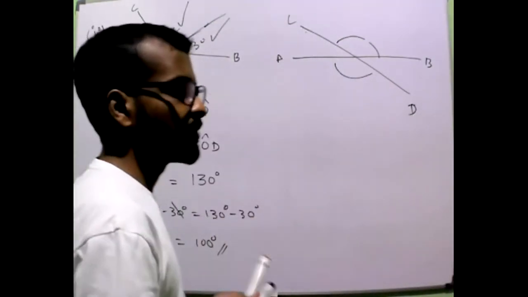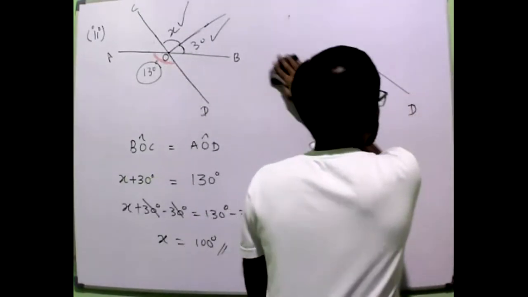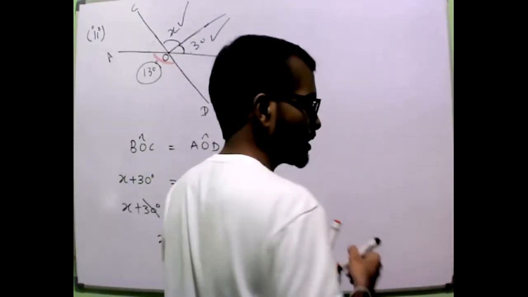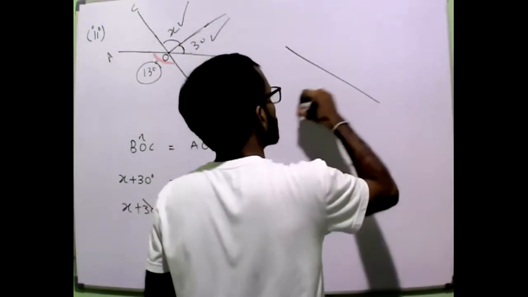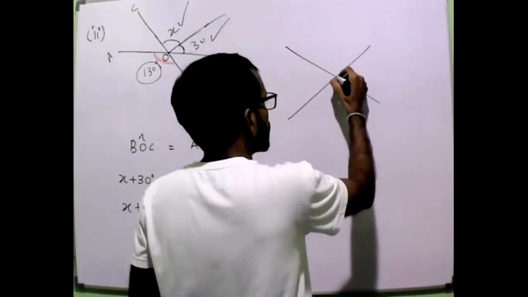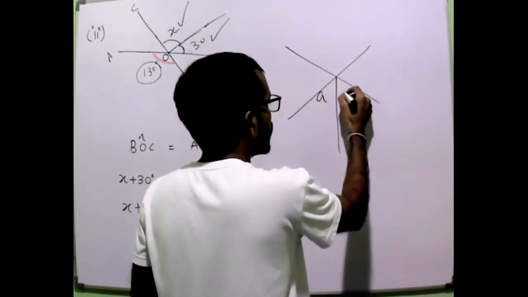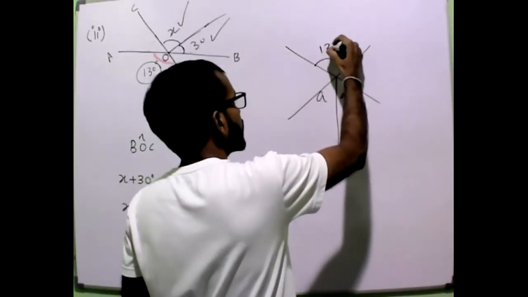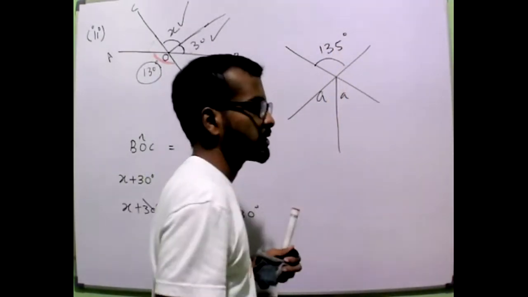It is the same as the previous one, but the magnitude is somewhat different. Therefore, these are A and this is 110, 35, right?